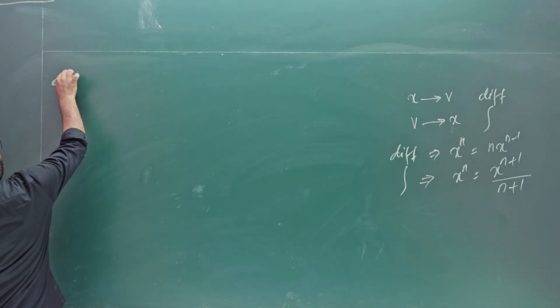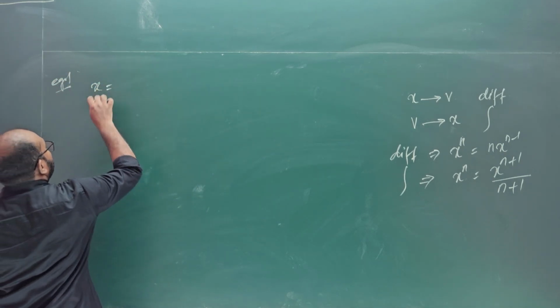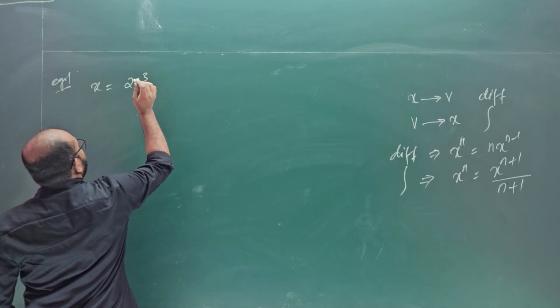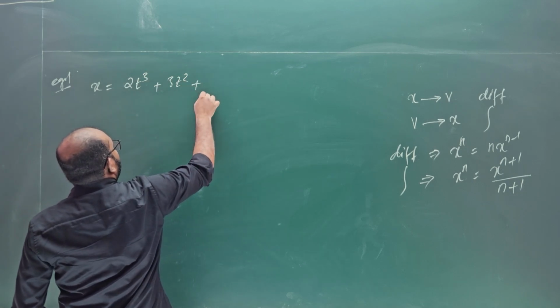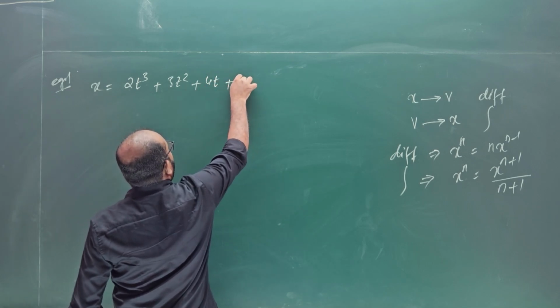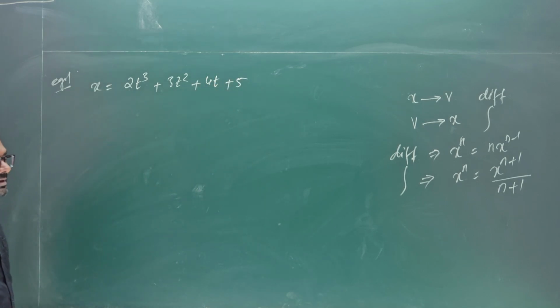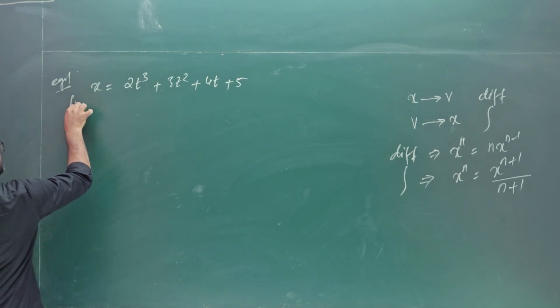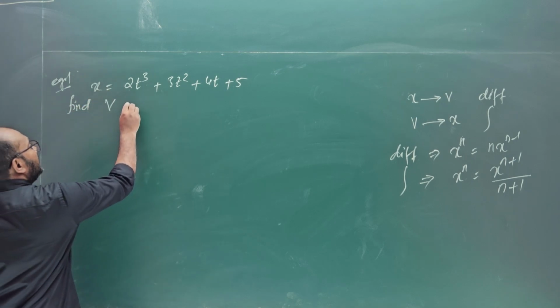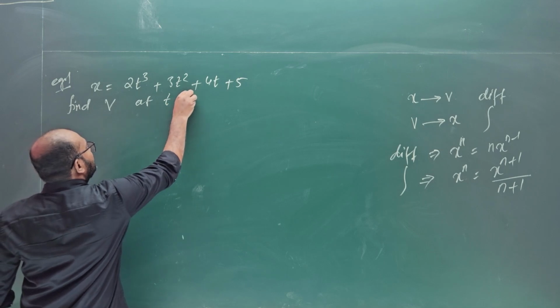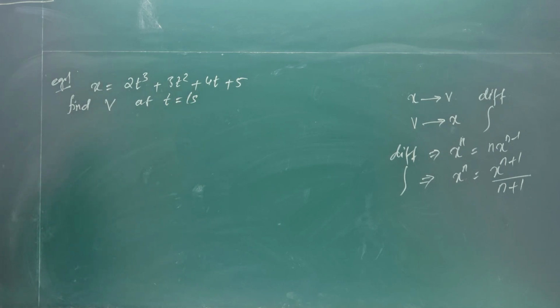Example number 1: given that x is equal to 2t cube plus 3t square plus 4t plus 5. They will provide you this equation and ask you to find the velocity at t equal to, let it be, 1 second for simplification.